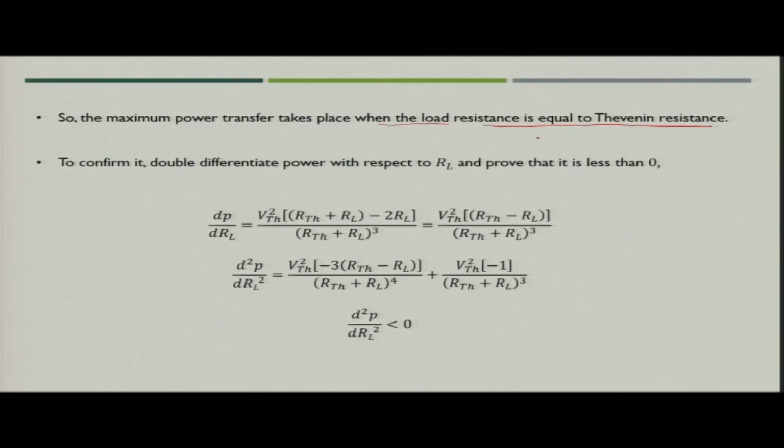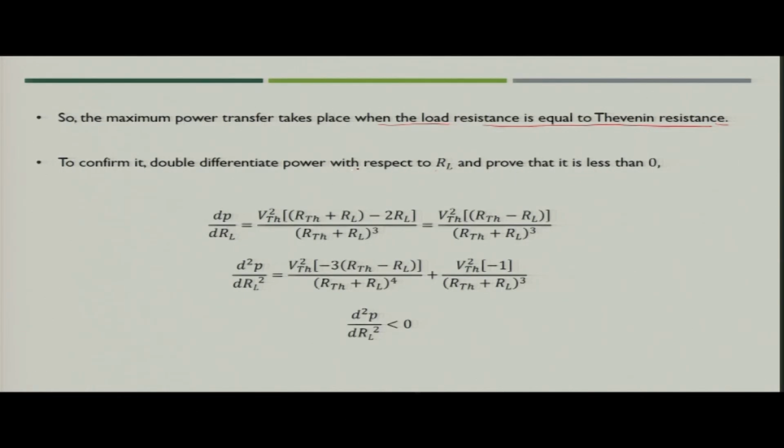At the condition where the derivative dP by dRL is equal to 0, the RL value we get, if supplied into the power P, might give a maximum or a minimum. Now, we have to find out whether the condition we established by taking the derivative dP by dRL is really a maximum or not.